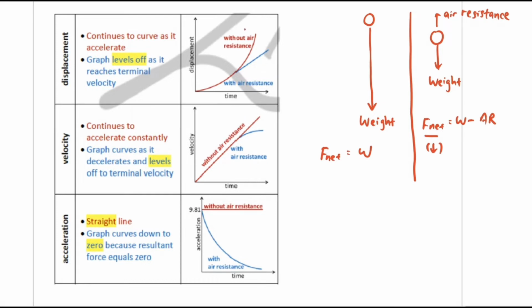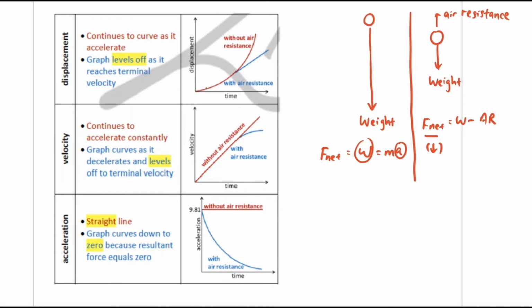Of course it accelerates, because we have weight acting downward, and W equals ma. W is a fixed value, so acceleration is also a fixed value. It's constant for both. So there is an acceleration.